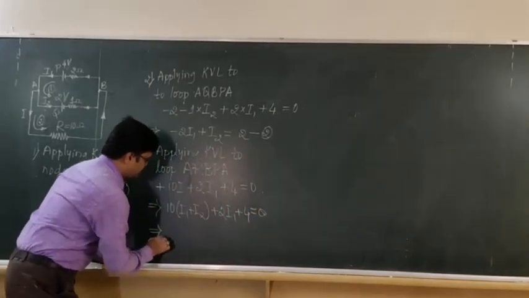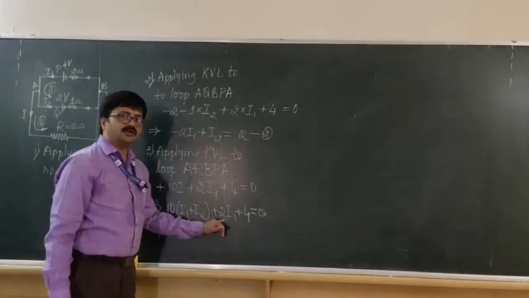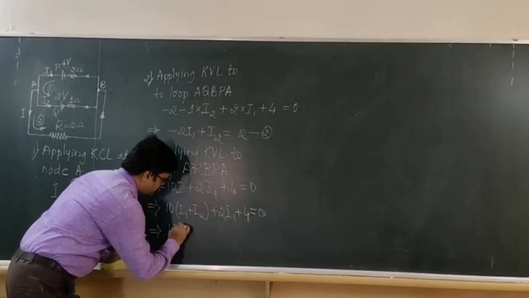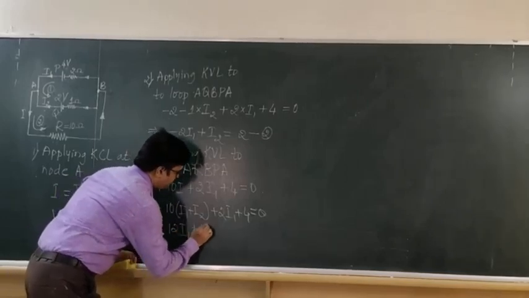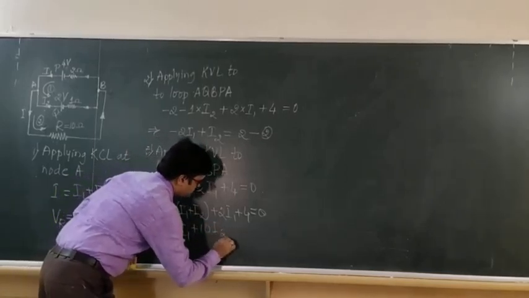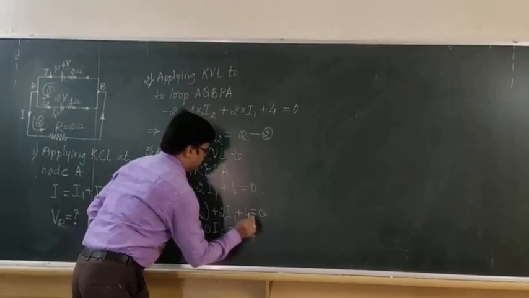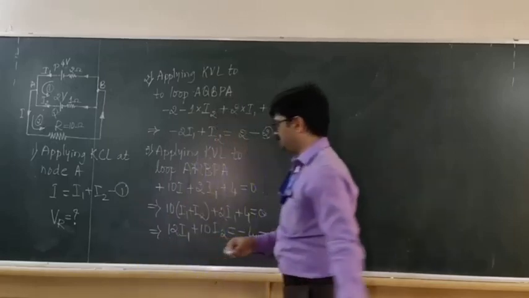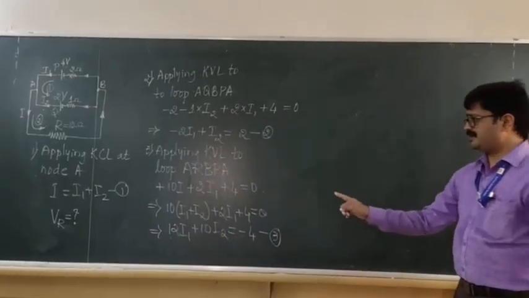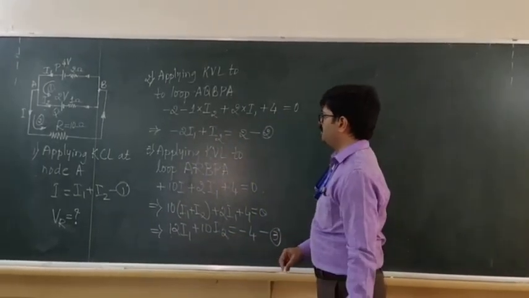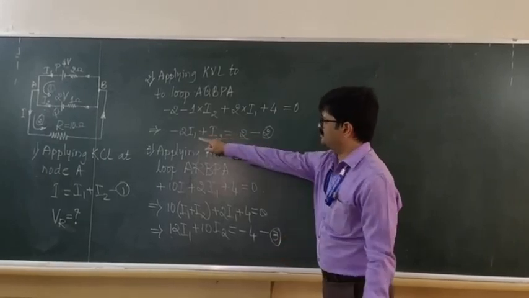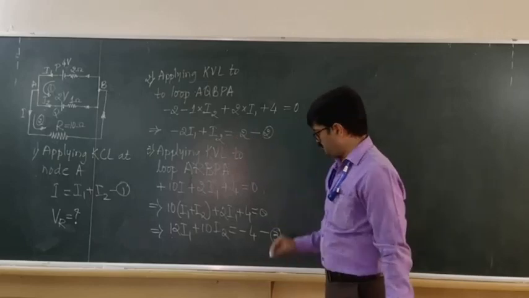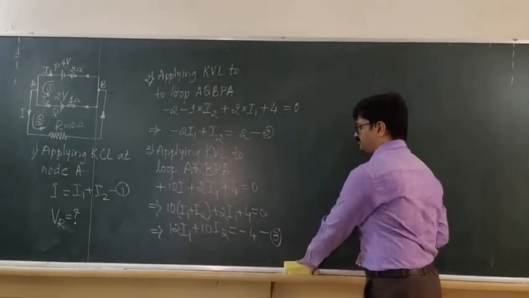So now 10I1 plus 2I1 gives us 12I1 plus 10I2 is equal to minus 4. So this is equation number 3: 12I1 plus 10I2 is equal to minus 4. And the first equation is minus 2I1 plus I2 is equal to 2. So equations 2 and 3 have been framed here.